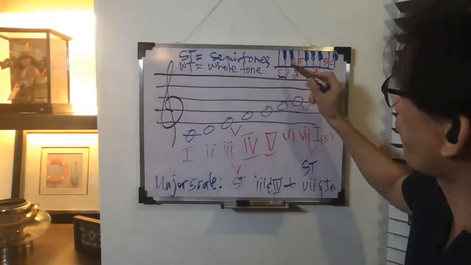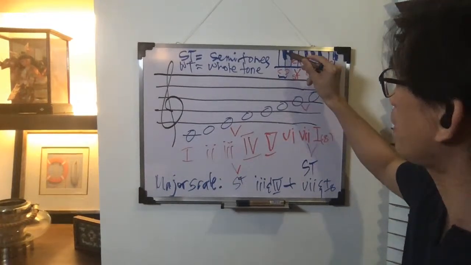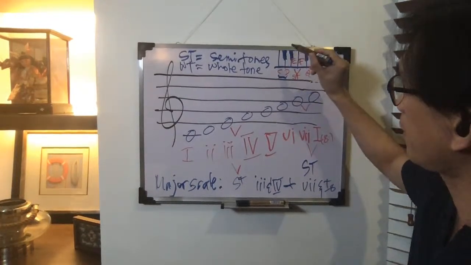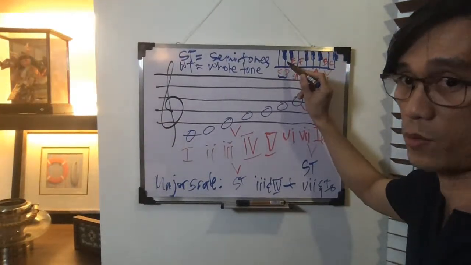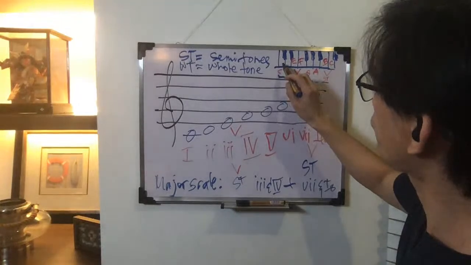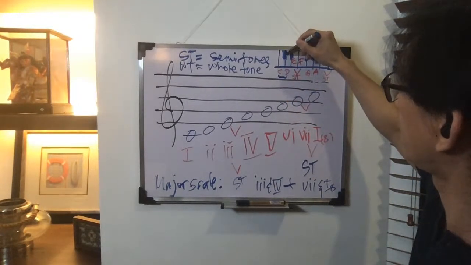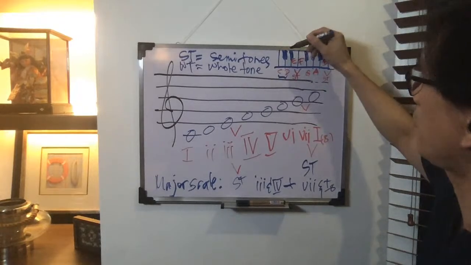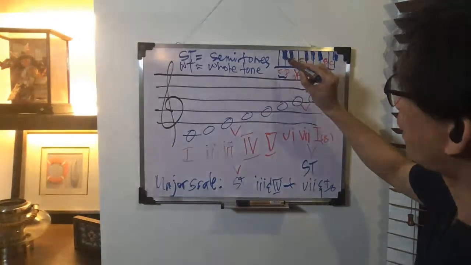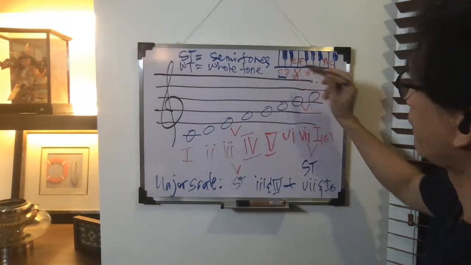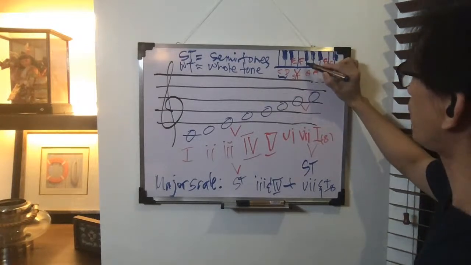One from the white key going to the black key, and then from the black key going up to the next white key. So two semitones, one white to black and black to white.